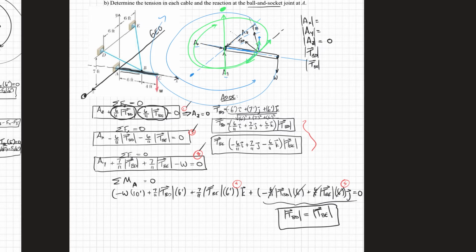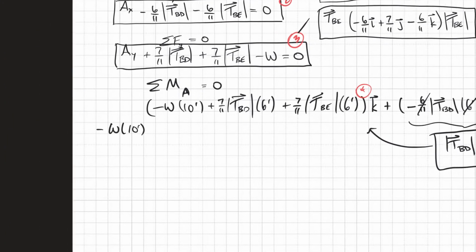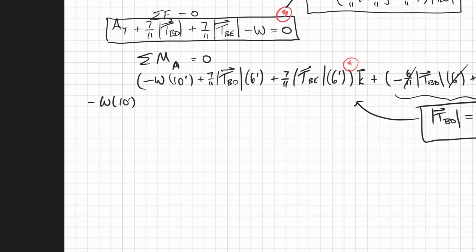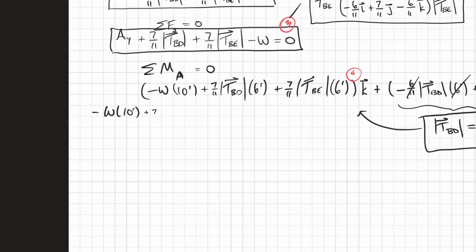The other thing we're going to do is use this fact over here in this equation, because all the k's have to sum up to 0. So we're going to end up with negative weight times 10 feet. Let's zoom in, there's no reason for all this small print business. Plus 7 over 11, well, let's call that 42. I'm going to divide feet from both sides so I don't have to write feet anymore.